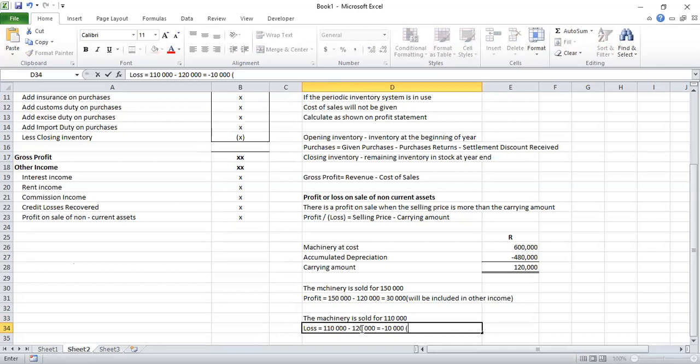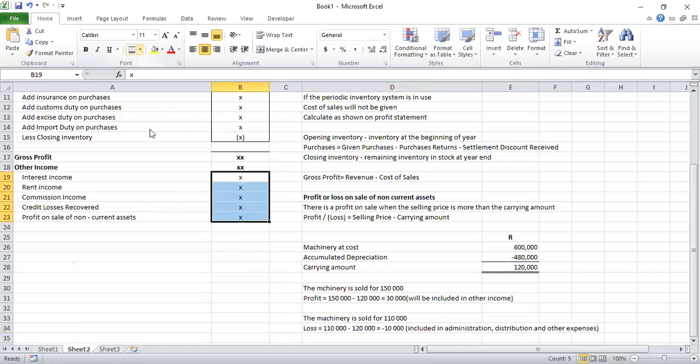Now this one will be included in administration, distribution, and other expenses. So it will be an expense. So if it's a profit, it's income, but if it's a loss, it will be included in expenses. Right. So these will be the other income.